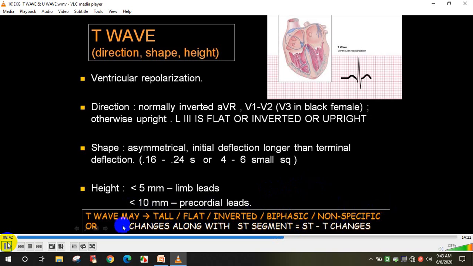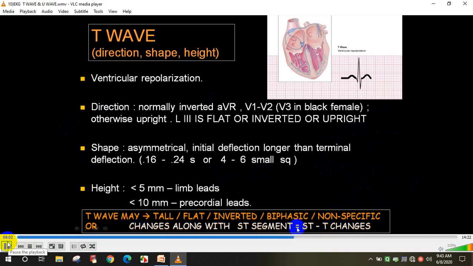What is non-specific T wave changes? Whenever there are no structural or functional cardiac disorders, and still there is an appearance of T wave changes, we call those changes non-specific T wave changes.